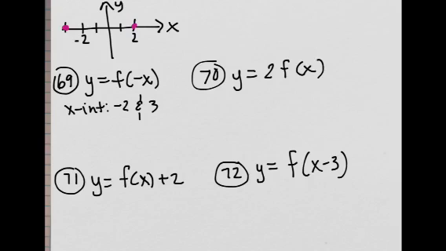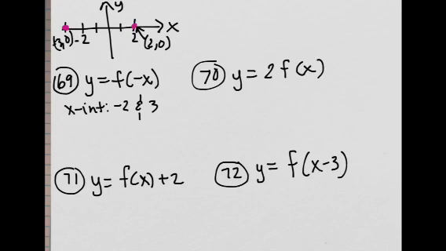For number 70, this 2 right here means that there's a vertical stretch by a factor of 2. But remember, when you do a vertical stretch, you're multiplying the y value by 2. But right here, the coordinates of the intercepts are 2, 0 and -3, 0. So the y is 0, and 0 times anything is 0.